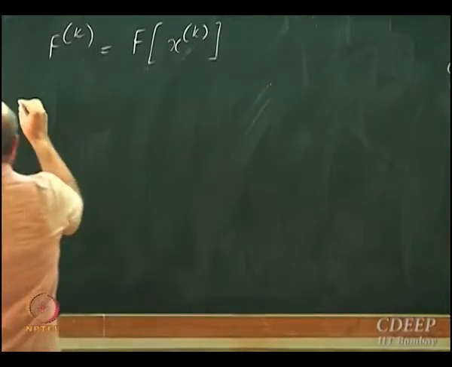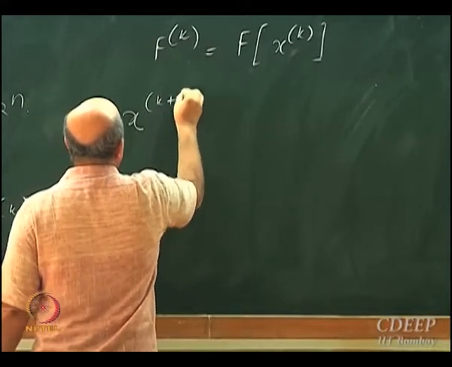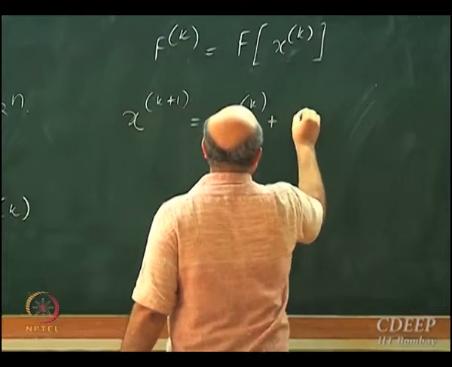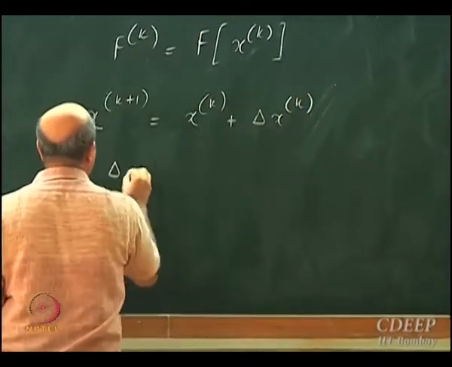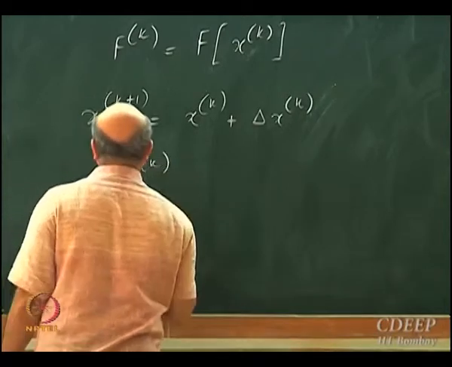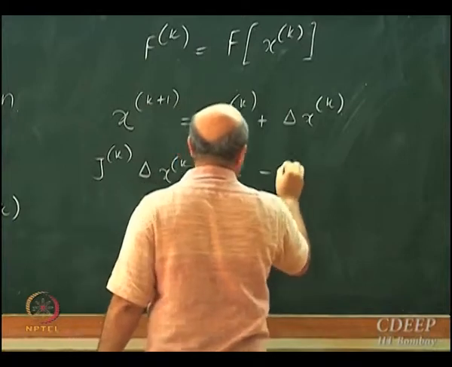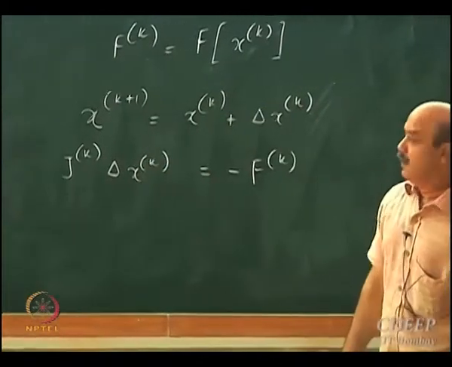So my formula which you have implemented is x k plus 1 is equal to xk plus delta xk, and delta xk is computed by solving this linear algebraic equation, right.